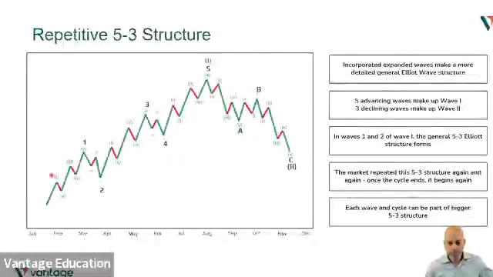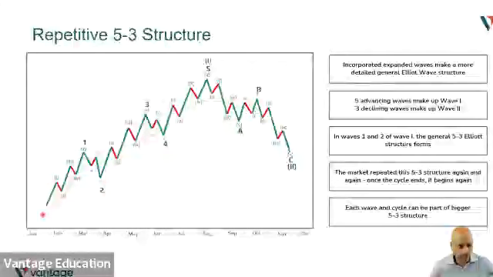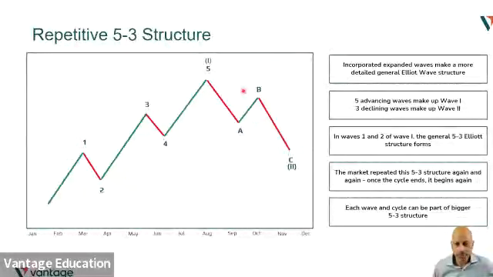So here within wave 1, you have the wave structure again, 1, 2, 3, 4, 5, and then within wave 2, you have the corrective phase A, B, C. And then when you're going up to wave 3, you have the 1, 2, 3, 4, 5. And then when you're going into the corrective wave for wave 4, you have A, B, C. So you can see that this pattern can be observed in the lower time frames as well.